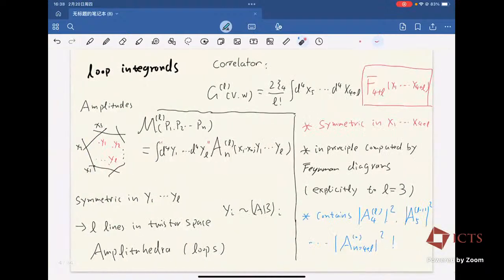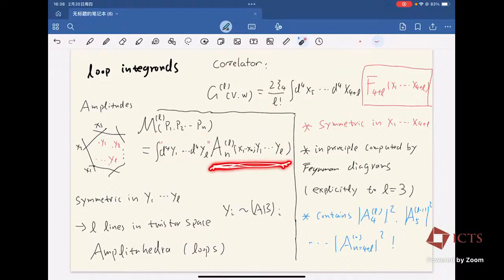So for the loop integrands of the amplitudes, in addition to this on-shell light-like polygon for the external kinematics, you can also introduce the loop momentum, with dual points y_1 through y_L for the L-loop amplitude. Then the full amplitude is given by the integration over all these loop points of an integrand.